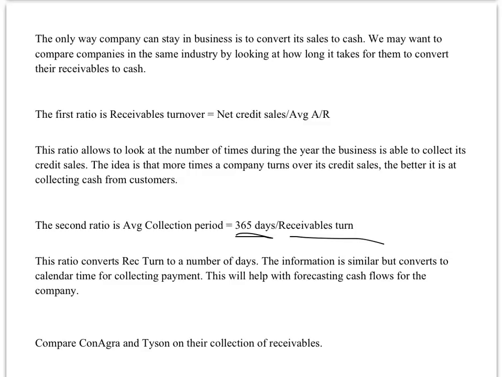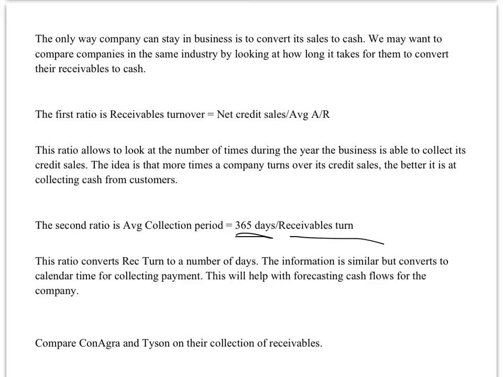If we turn our receivables over 20 times a year, then our receivables stay on the books about 18 days. Not bad, right? That's not very long from sale to collection. That seems like a good business model to me.